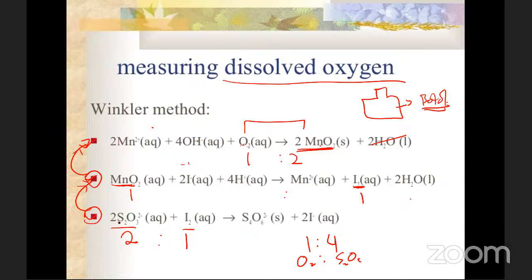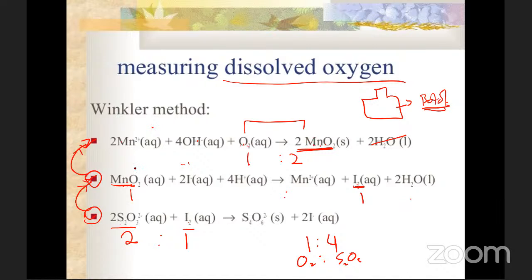So seen here we have 2 thiosulfate. And then this is 1. So it means thiosulfate and manganese are 1 to 1. But manganese and oxygen, manganese is 2. So actually this is 2.